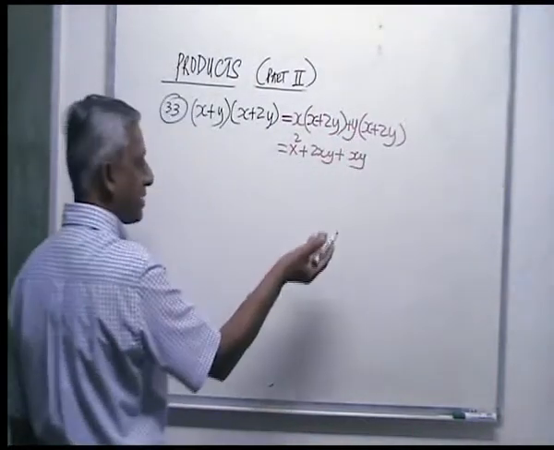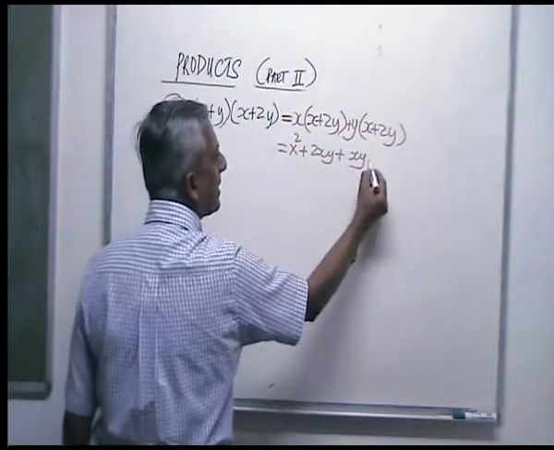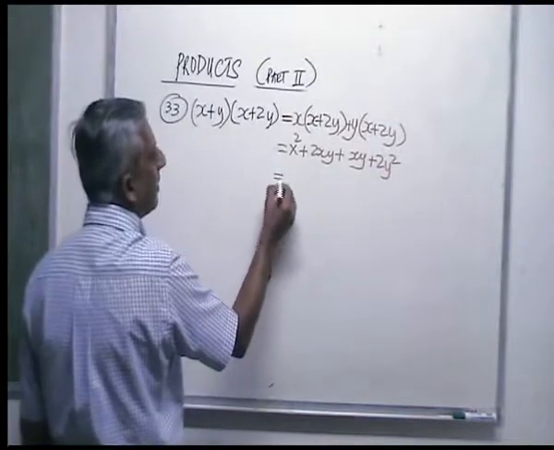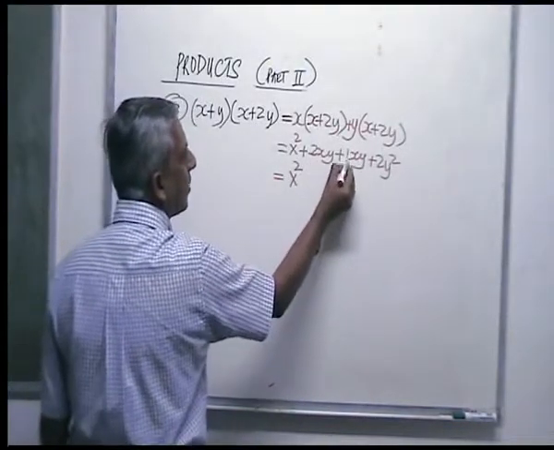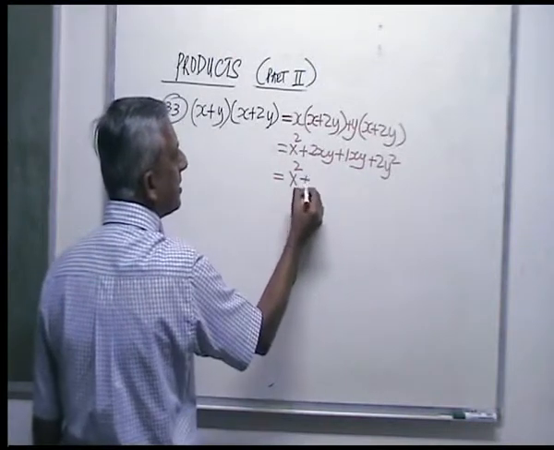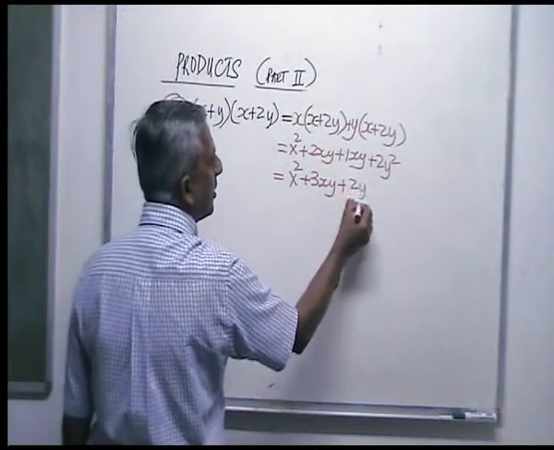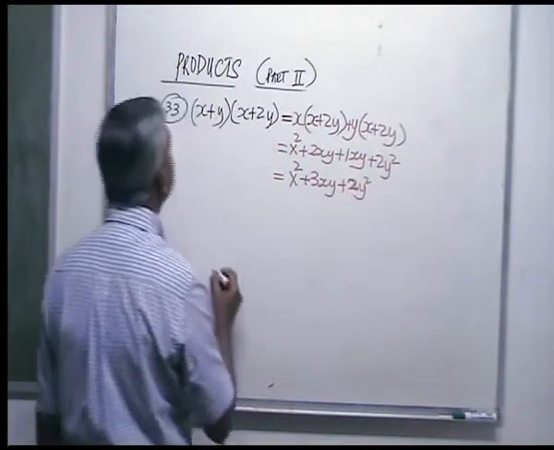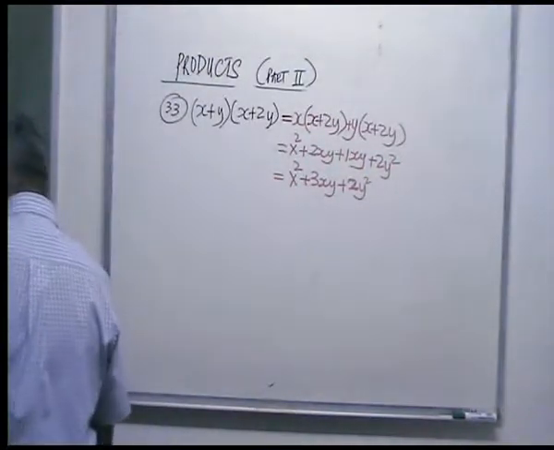Y times x is yx, but you can write it as xy in alphabetical order. Y times 2y will give you plus 2y squared. And that gives you x squared. There's a 2 here, and there's a 1 here that's understood, so altogether it is 3xy plus 2y squared.